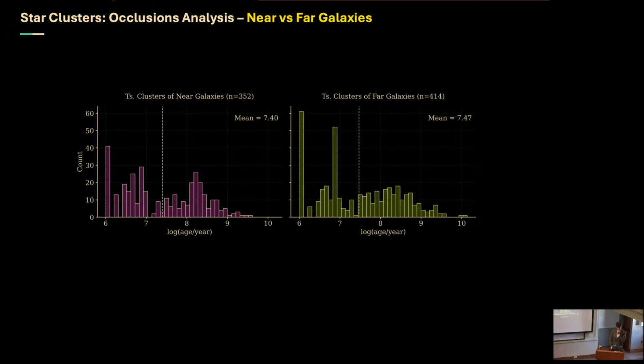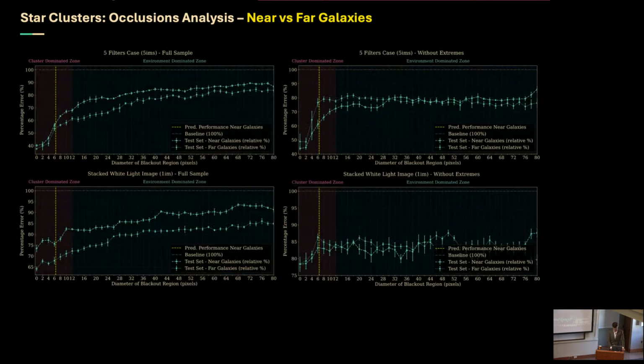But the pixel size is not scaled by distance, right? So in other words, 12 pixels is a different linear size at far than at near. Exactly, that's what you're asking about. Yeah, so if you go back one slide, Javi, what you can kind of see is that the inflection point changes between the near and the far galaxies, as you would expect, because you're losing all of the light of the cluster at a smaller pixel radius for the more distant galaxies.